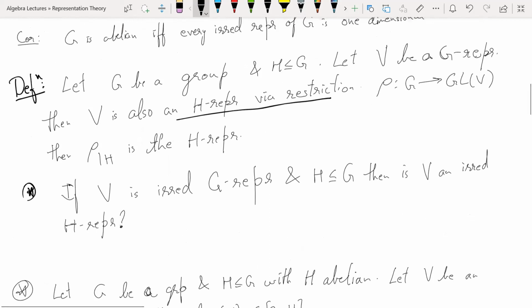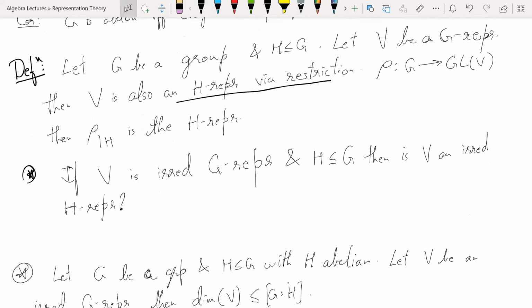But before that, is there something else? So this is one way. Given a G representation and H a subgroup, you can consider it as an H representation.